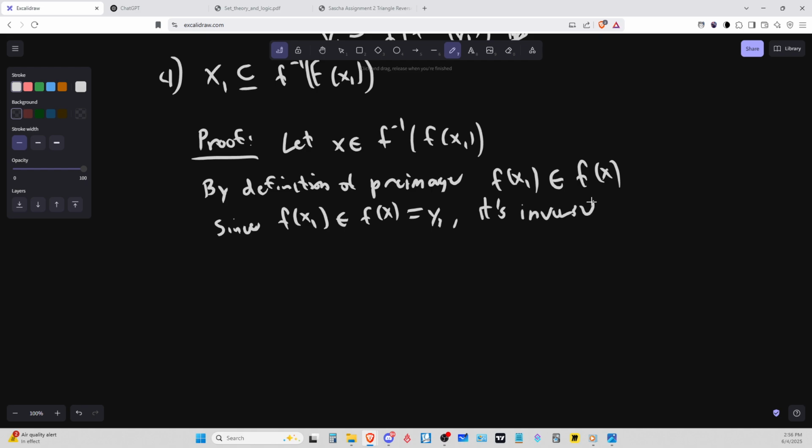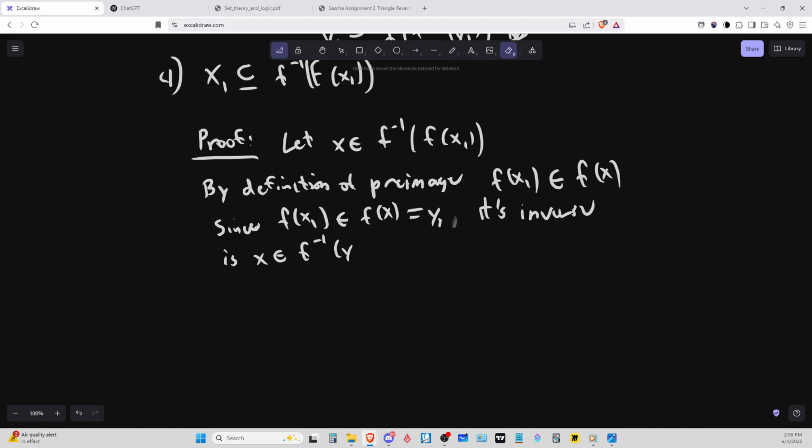Its inverse is x. It's an element of f of x, y. F of x, y.